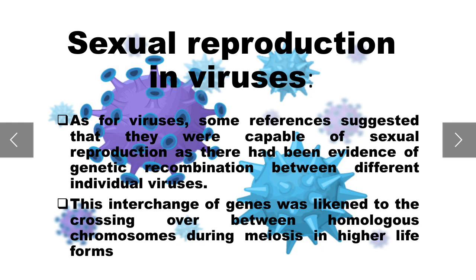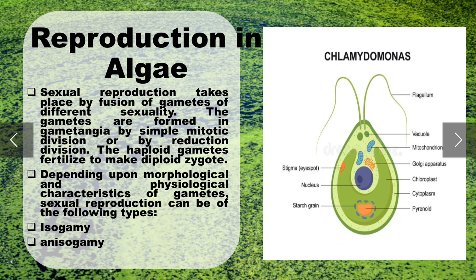Sexual reproduction in virus. Some types of virus are also reproduced sexually. Reproduction in algae. You can see here the picture of Chlamydomonas.